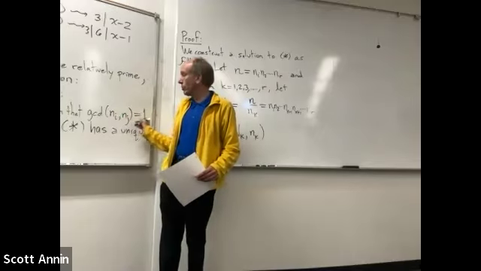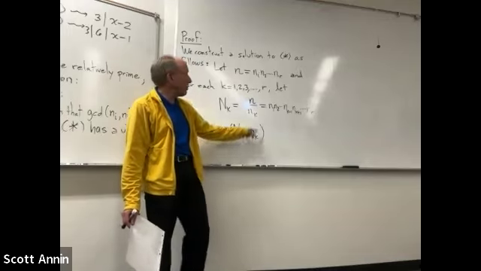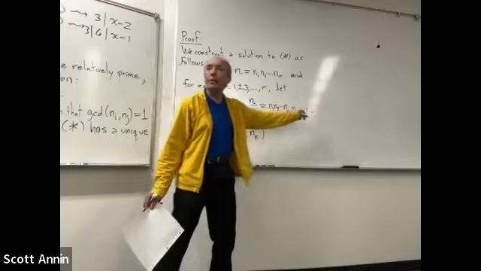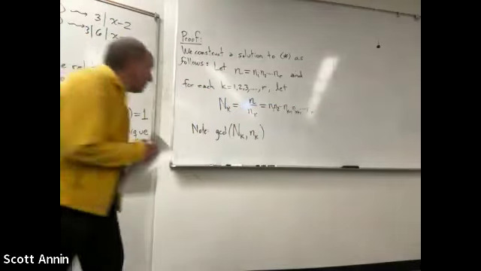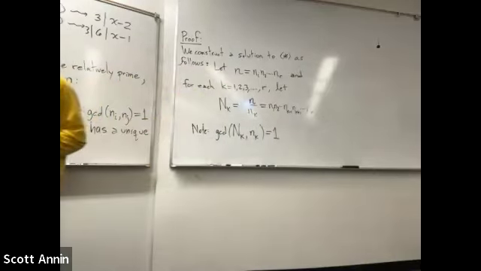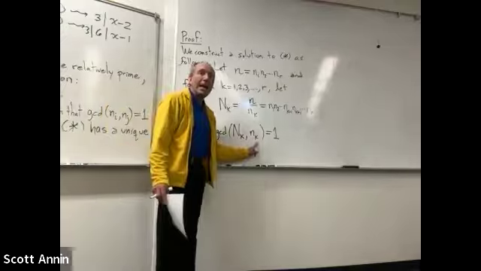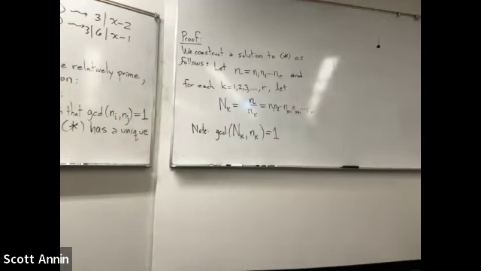GCD of any two of those is 1. So this little n sub k has no factors in common with any of the other little n's that actually make up the big N sub k. So this GCD, my friends, would therefore just be 1, because there are no common factors between this little n and any of the other little n's, which is what the big N is made out of.